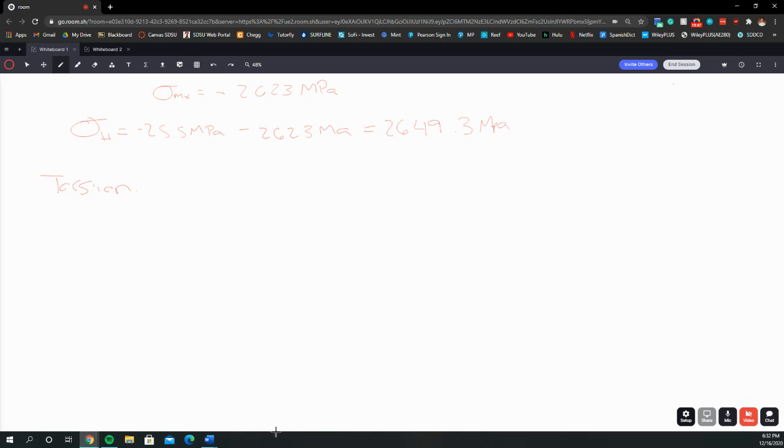That is given to us with, let's call this, tau yx equals torque times c over J. c once again being the distance from the neutral axis to the point of interest, and J being the axial moment of inertia.